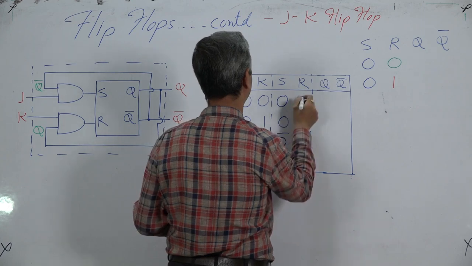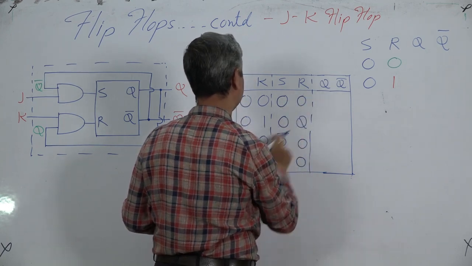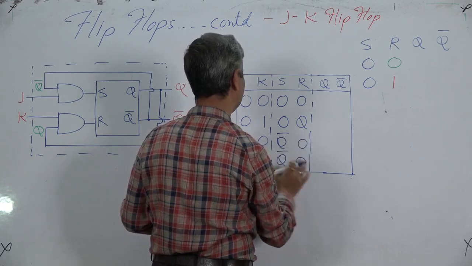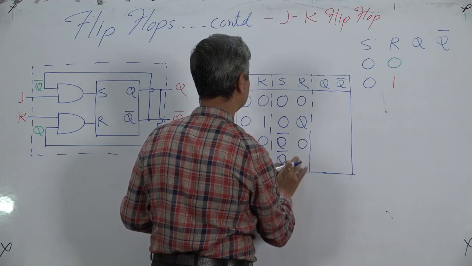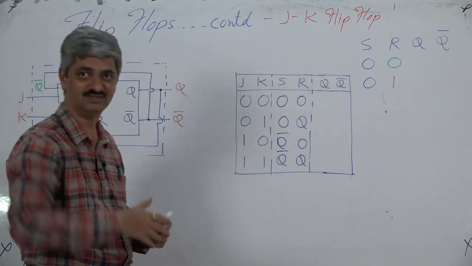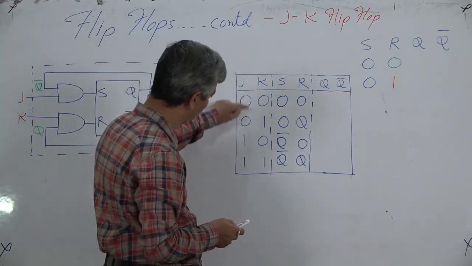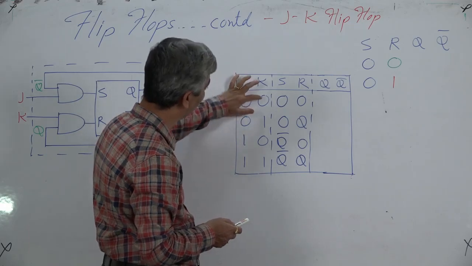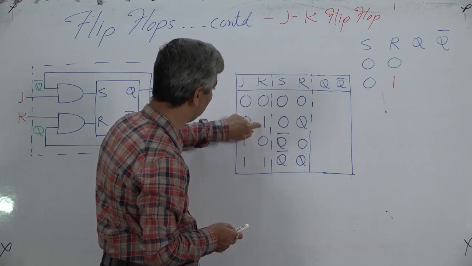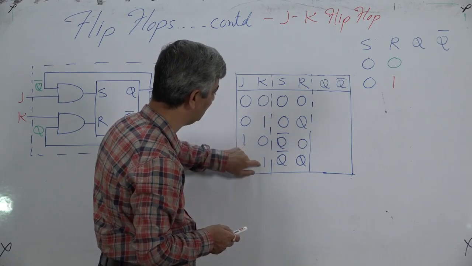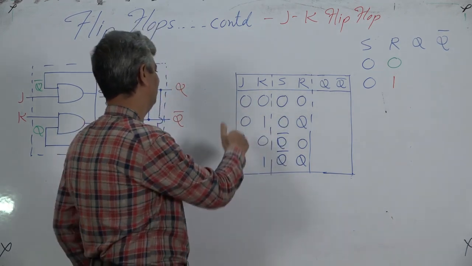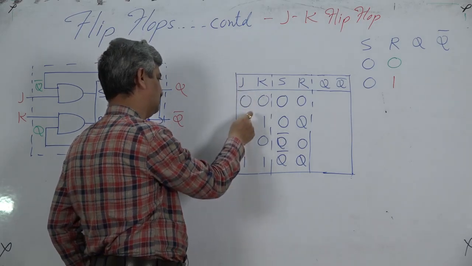When K is 0, R is 0, and when K is 1, R is Q. What I just missed out: J is 0, and sequentially, K is 0, R is 0, K is 1, R is Q. It is just a mistake because J is 0, 0, 0 come sequentially here.